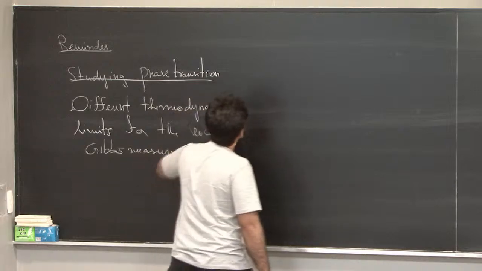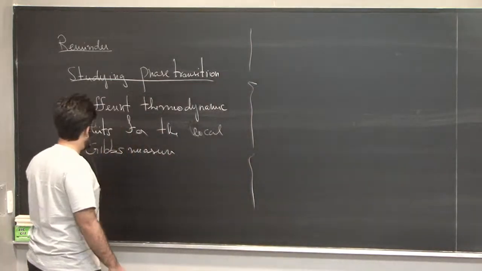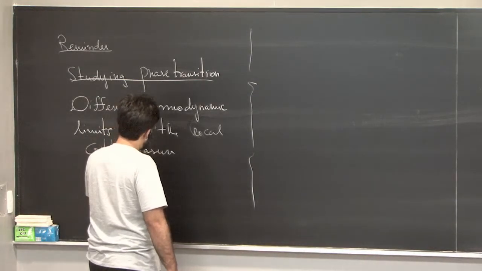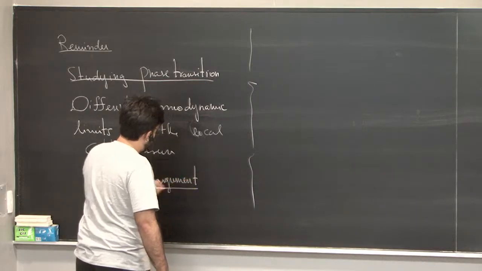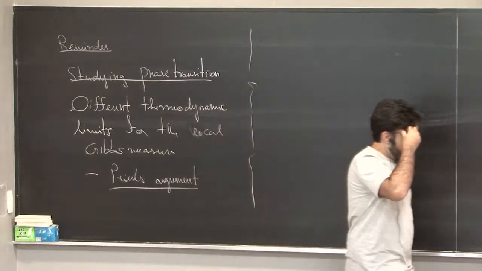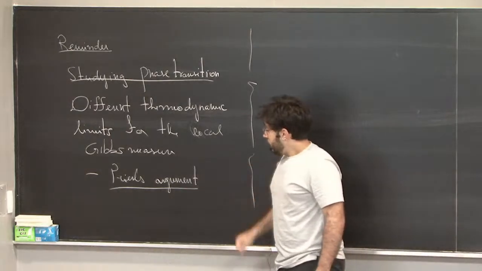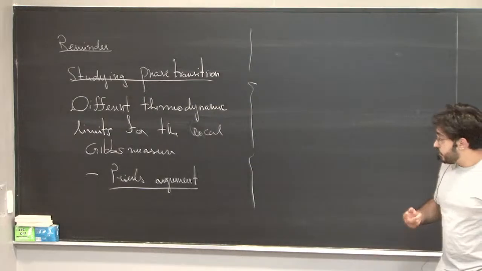And the strategy to show this is something called the Peierls argument. I will not do it again, but for the Peierls argument to work, we need basically two things.